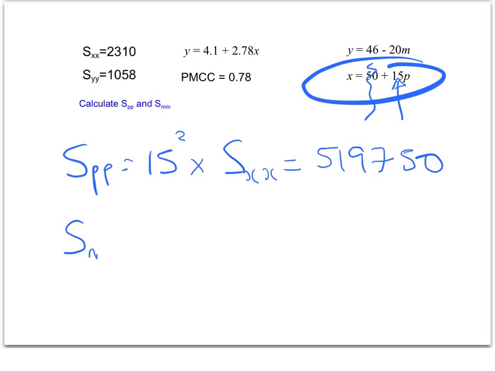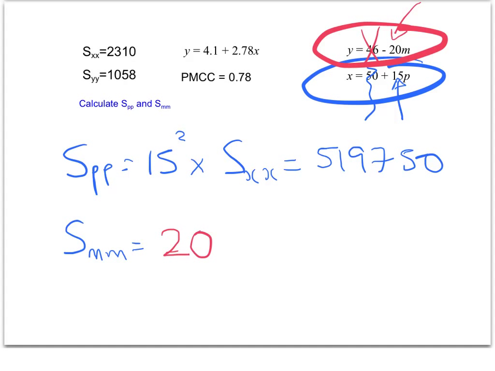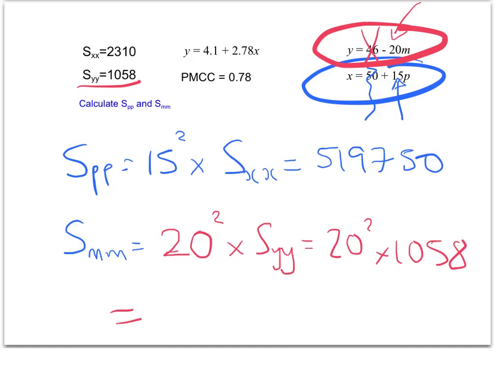And the SMM, well, we can see here that M has been multiplied by minus 20. We're not interested in the 46, that doesn't make any difference to us. M has been multiplied by minus 20, so minus and a minus makes a plus, so I don't need to bother with that. 20 squared times the original SYY, so that's 20 squared times 10058, which is huge. That number there.